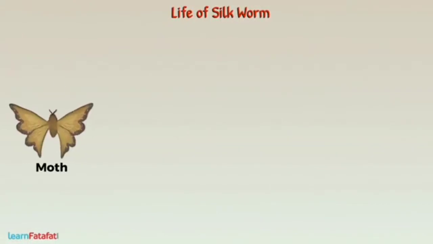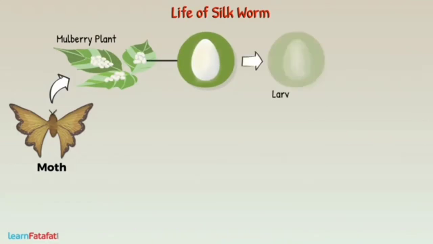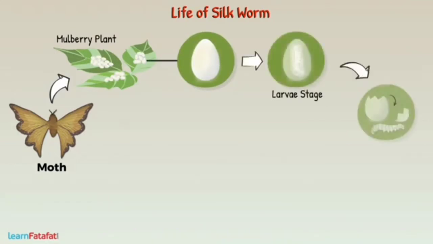Students, now let's study about the life of the silkworm. The adult moth lays hundreds of eggs at a time on the mulberry plant. Mulberry leaf is its food. At the larva stage, the egg hatches and a caterpillar comes out.